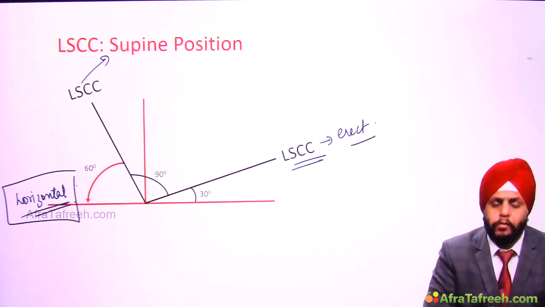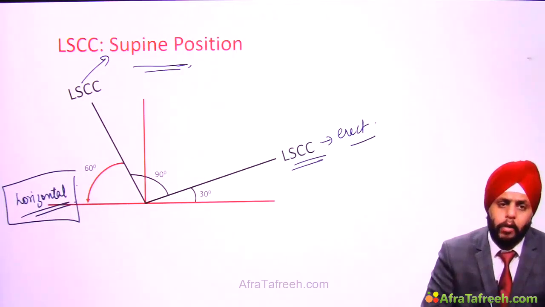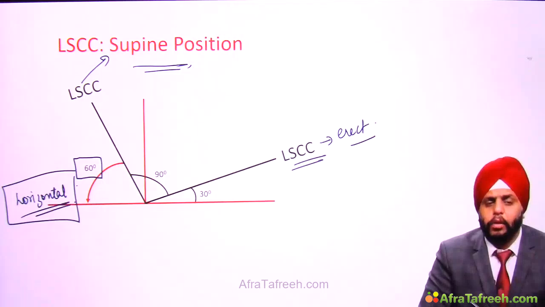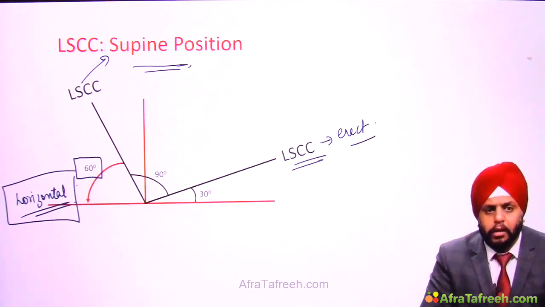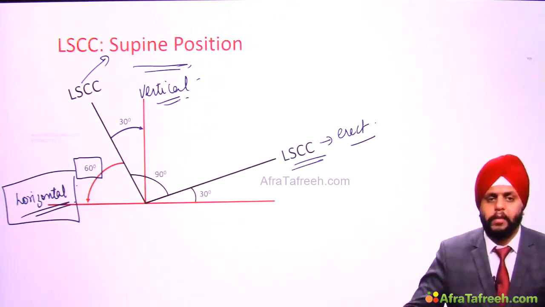The lateral canal is brought to the horizontal plane by bending the head backwards by 60 degrees. And if somebody asks you how you can make it vertical in supine position? Simple. You bend the head forwards by 30 degrees, and now the lateral semicircular canal will come into the vertical plane.